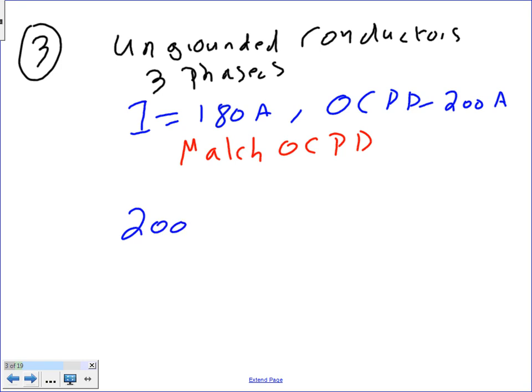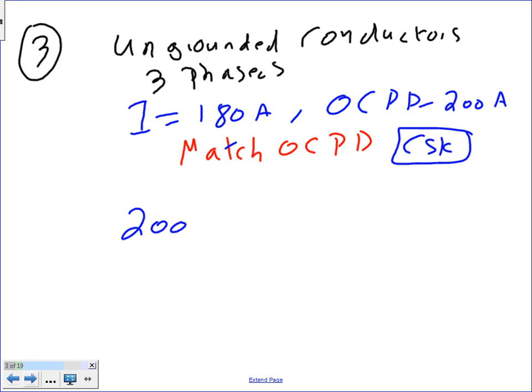I always put disclaimers next to each. CSK, these are my initials. Everything I put CSK next to is Chad Curdy's opinion. When you go work in the industry, they tell you to take it out the window and do what your supervisor wants you to do. So match the overcurrent protection device is an opinion. A safer opinion, I think.